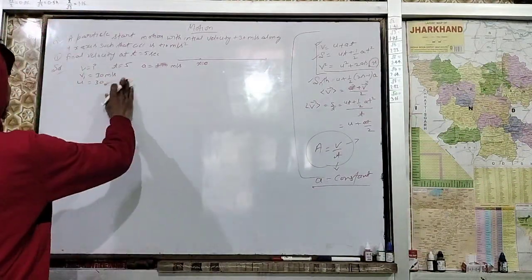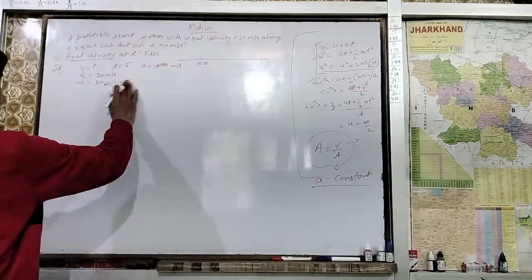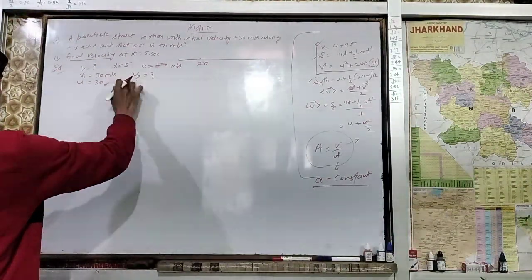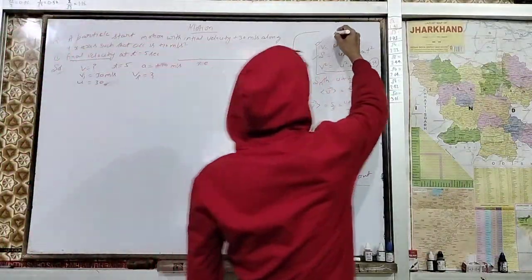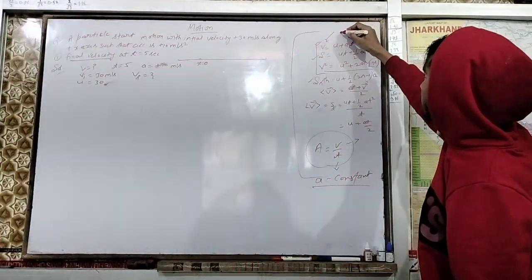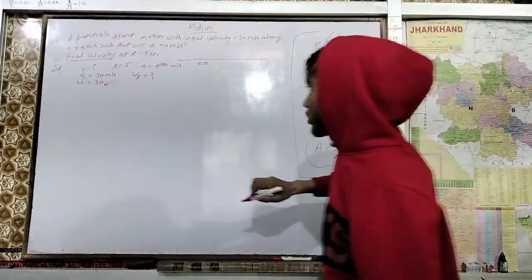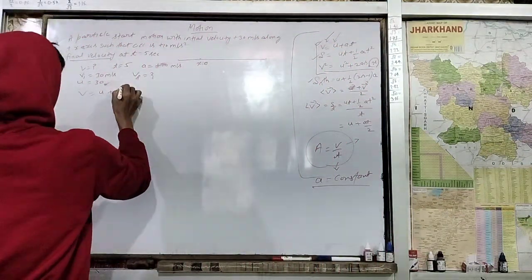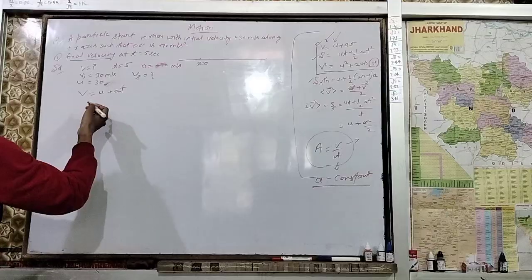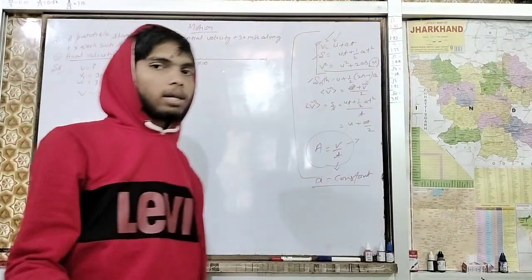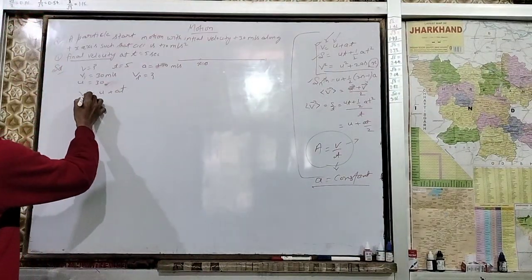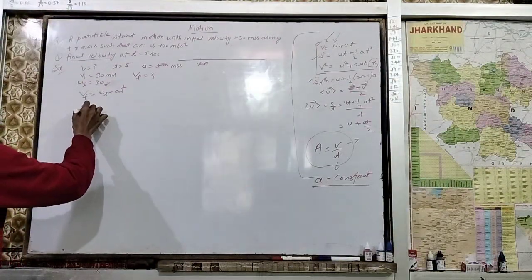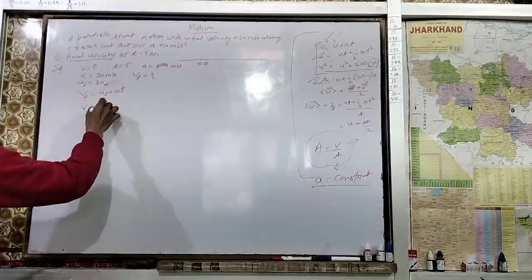It is asking for final velocity. So what would be the final velocity? This is our final velocity, this is our initial velocity. So v is equal to u plus at. V is our final velocity and this is our initial velocity.